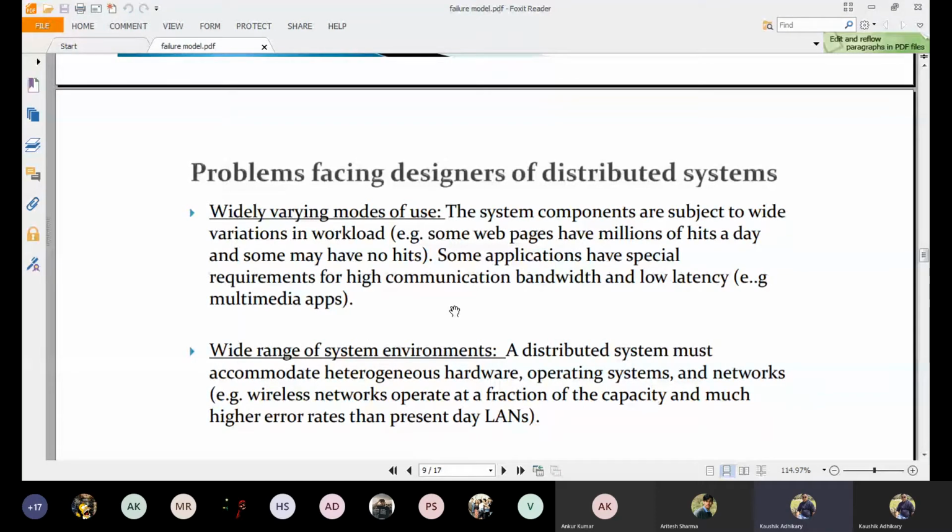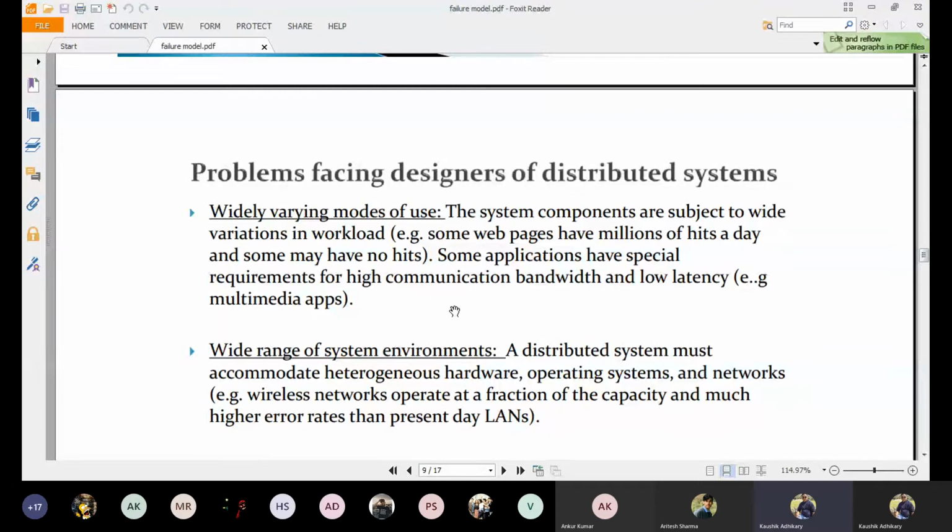Many applications have the requirement of more bandwidth compared to other applications. YouTube needs more bandwidth compared to any text messages. For example, WhatsApp. In WhatsApp we send mainly text messages. But if it is handling videos, then it will require more bandwidth. So there is a very widely varying mode of use.